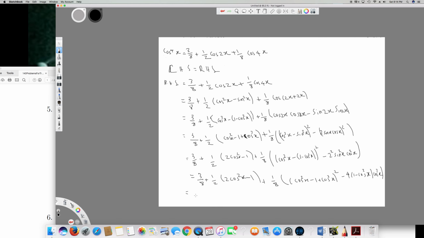Let's see what happened here. So 3 over 8 plus, we can cancel this 2, make it simple. Cos square x. So since we cancel this 2, it's going to be minus 1 over 2, right?